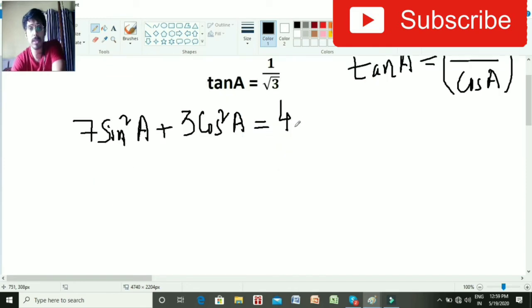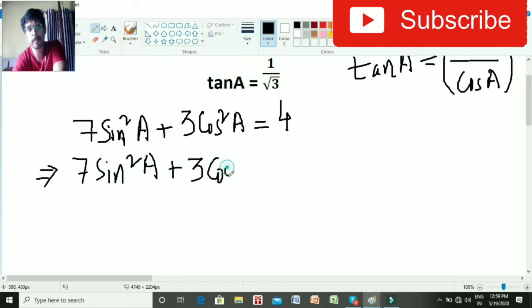Now as you can see here, this is equals to 4. Again we can write 7 sin square a plus 3 cos square a that will be equals to 4 in bracket.